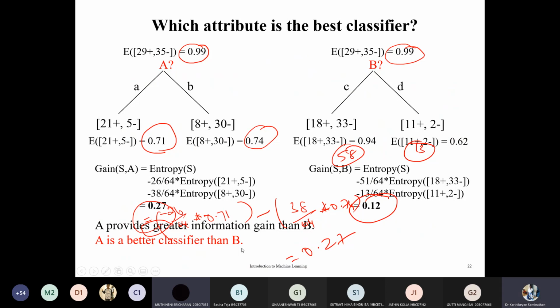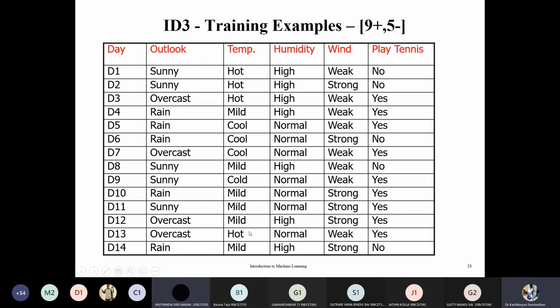So now I'll give you one example so you can try. You need not note down the table. For example, in the exam, we will give you the table. From the table, you need to identify the classifier. Totally there are 14 instances. How many are positive? How many are negative?